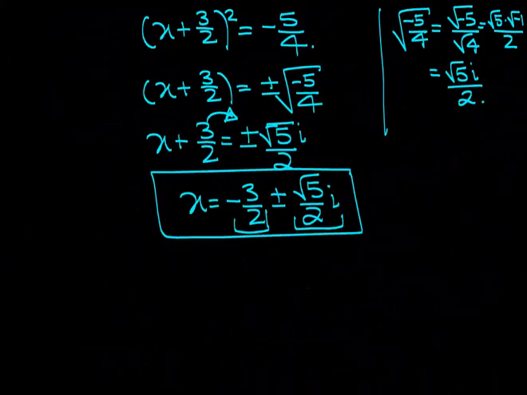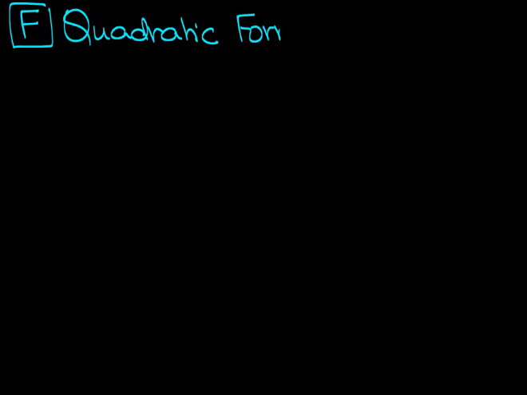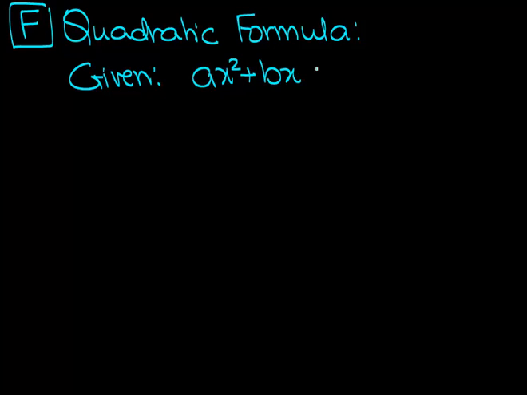Let's do the last method to solve a quadratic equation, which is using the quadratic formula. Out of all the methods, this is the easiest one. If you're given a quadratic equation like this, I can find the solutions very easily.